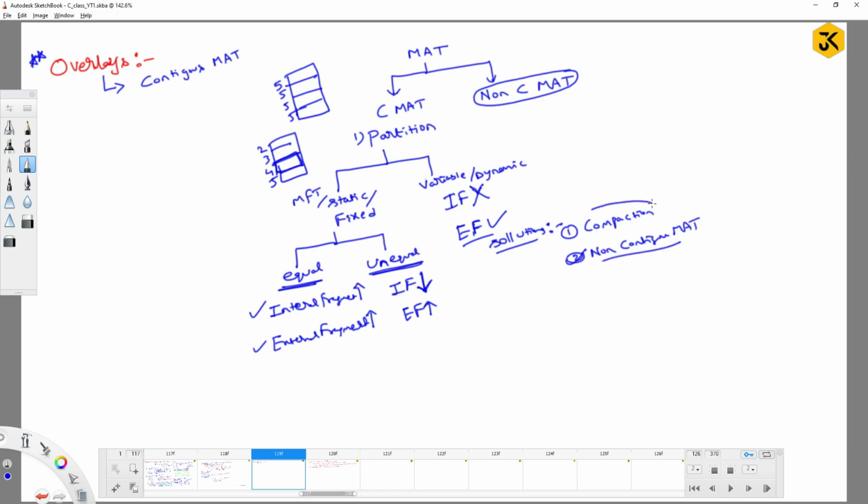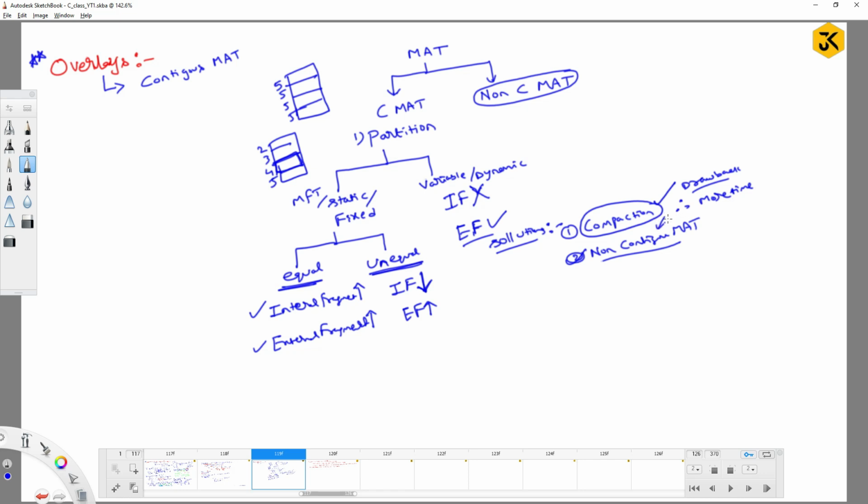But anyhow, we completed the compaction concept, where we try to combine two non-contiguous free memory spaces into one location so that I can fit the larger process. But the problem here is that compaction is going to take more time.